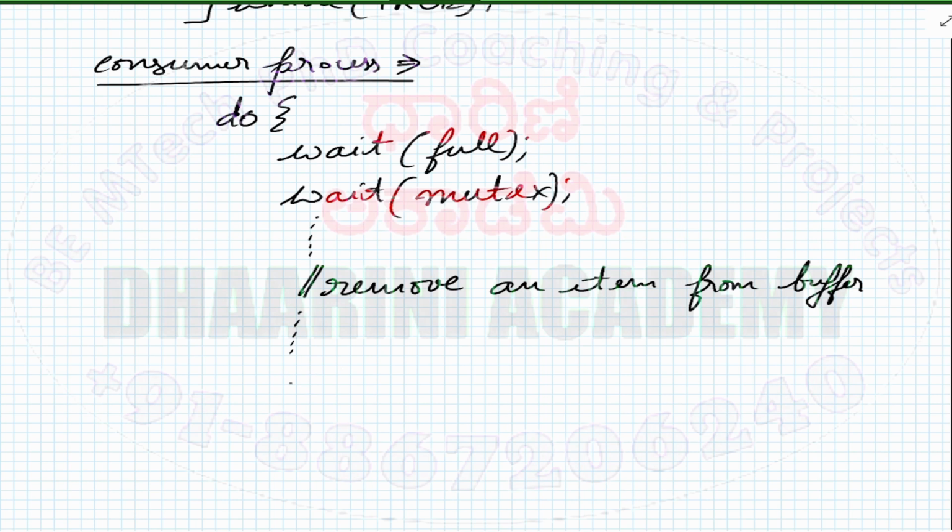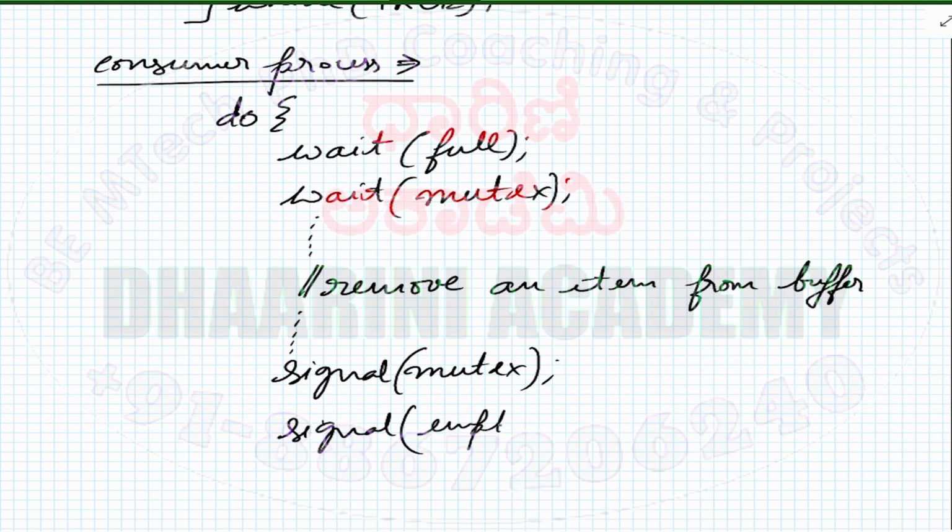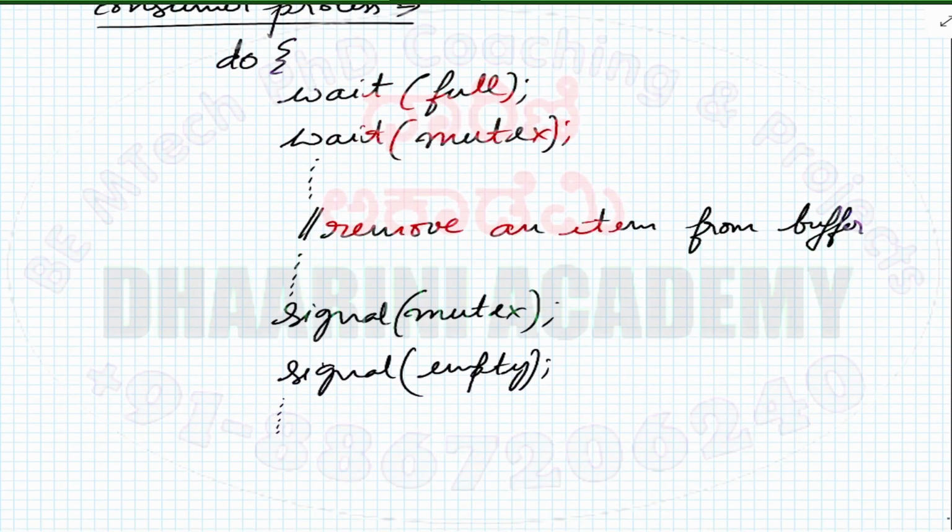Then I'll do the signal part. Okay, this is signal, because signal is responsible for reducing something. Okay, and we'll do the signal of this, which is empty. Right, now if you have any other process you want to execute after the removal of this, you can write it here.